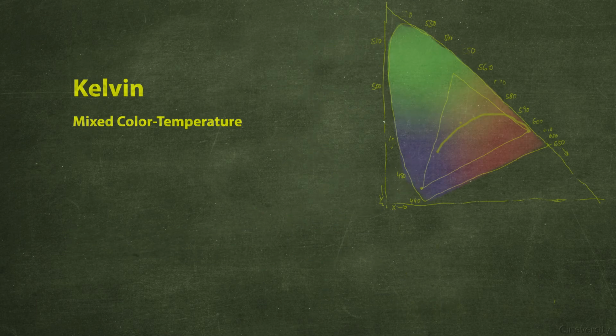So having said that, let's have a look at what we do with it. I have introduced the chromaticity diagram already, so I will not do this again. What I want to do today is talk about this curve here, and this curve is very specific to our discussion. It is pretty much the Kelvin curve.